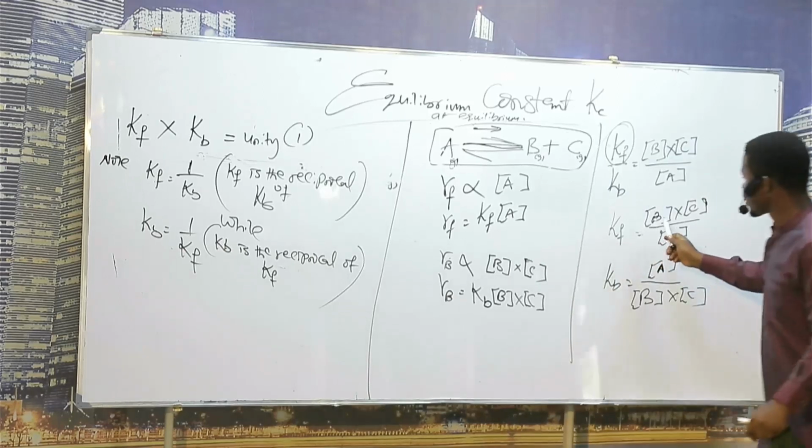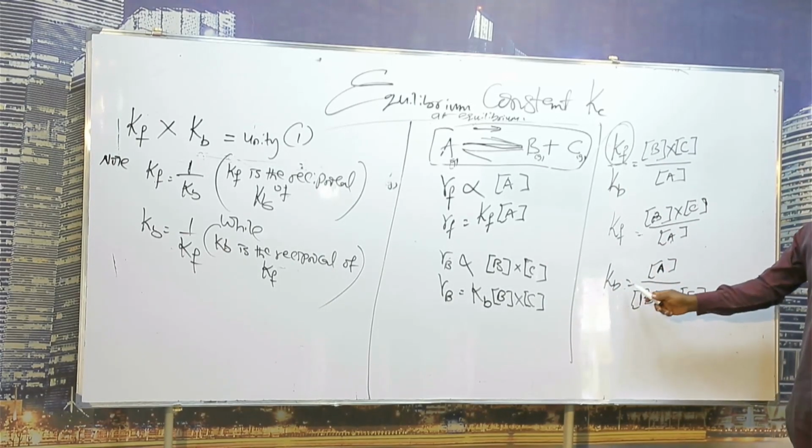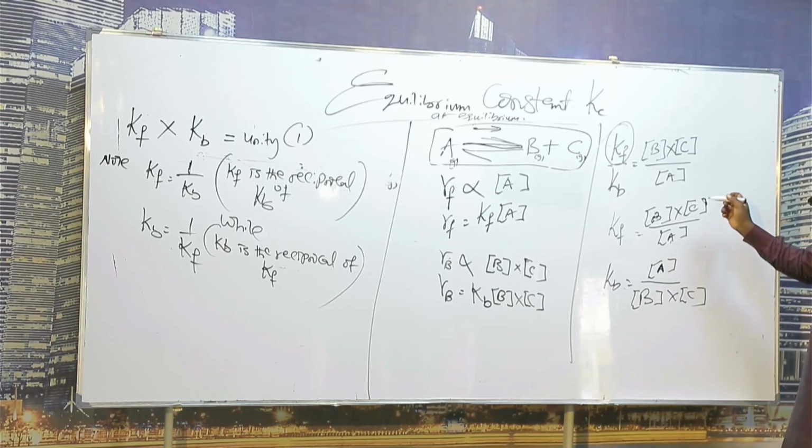What is KF here? BC over A. What is KB? A over BC.